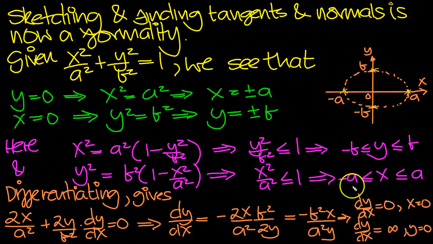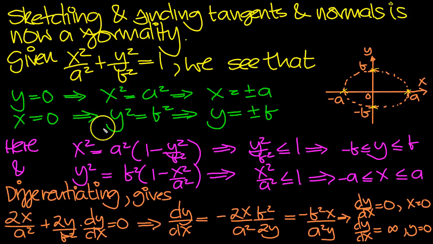And then you move the a squared up, and then you square root, and you can see that for this to hold, x has got to lie between a and minus a. So for y to have values, x has got to lie between a and minus a. And there's also symmetry we can observe on both the x-axis and the y-axis from these equations when we square root. We'll get plus and minuses, won't we, as solutions. So there's symmetry there.